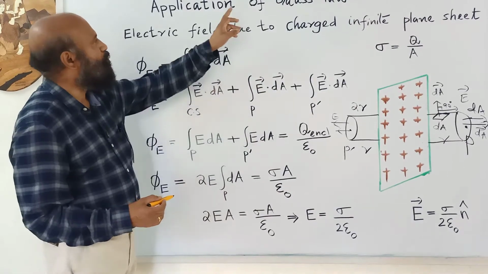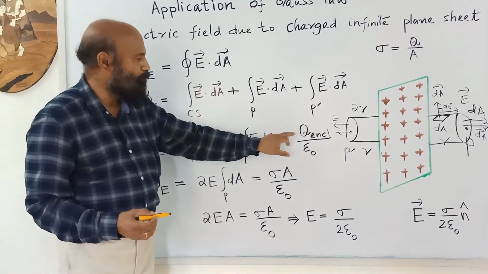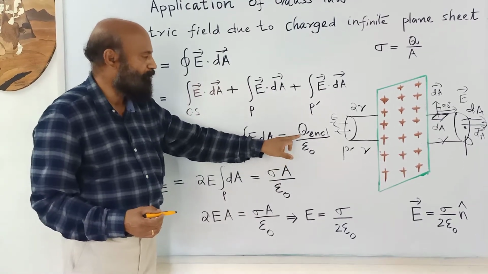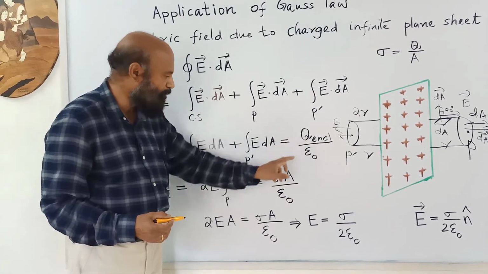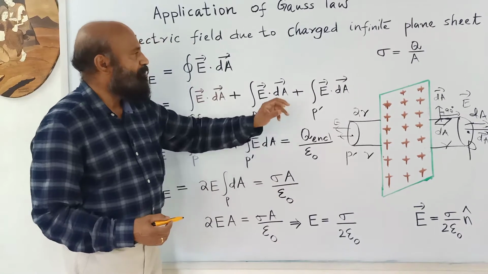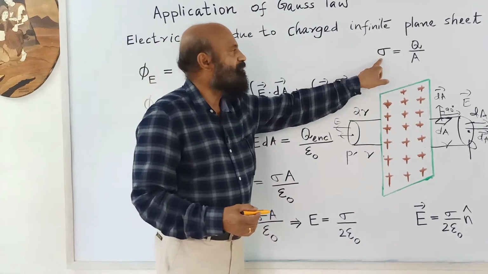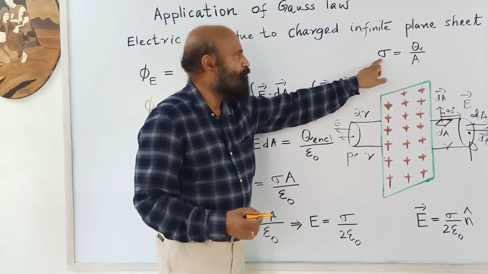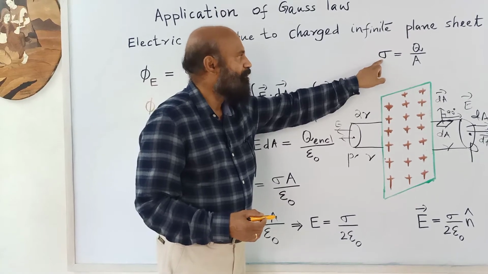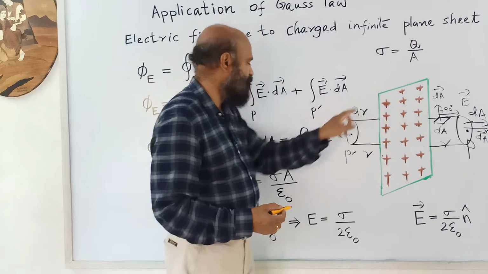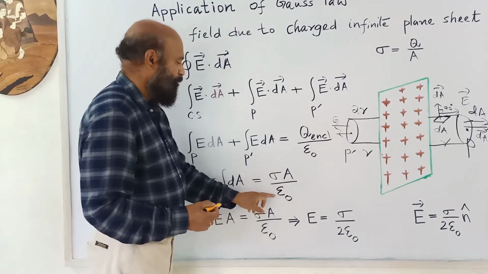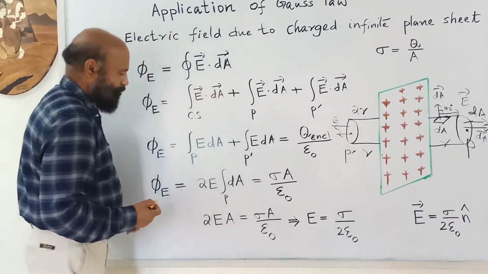Then according to Gauss law, the total flux is equal to 1 by epsilon 0 times the enclosed charge. Q is the enclosed charge. Sigma is the surface charge density, charge per unit area, so sigma is Q by A. So Q can be written as sigma into A. Then epsilon 0.